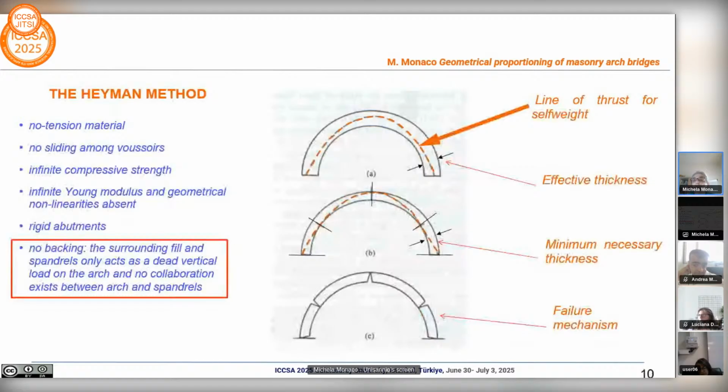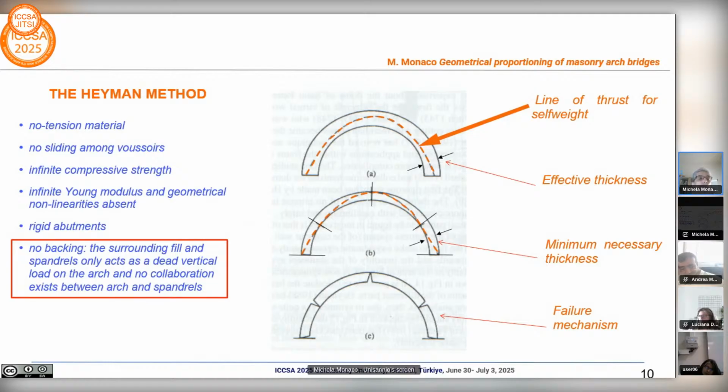So, in general, material strength is not a key point in a stability analysis, because the major cause of global failure is loss of equilibrium rather than material failure.